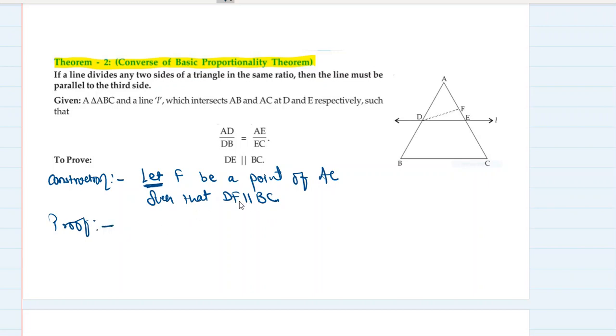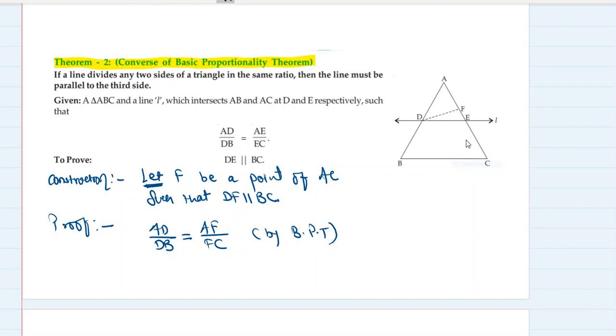Now, since DF is parallel to BC, we can say that AD upon DB is equal to AF upon FC, right? By basic proportionality theorem. We can use BPT. Did you understand what I did?